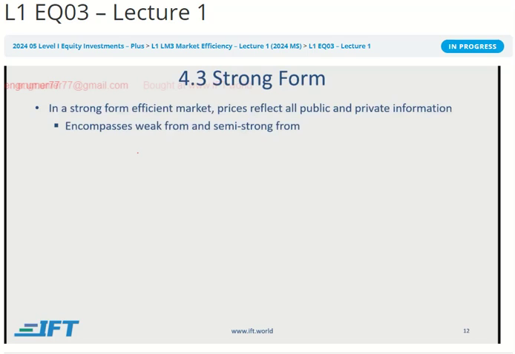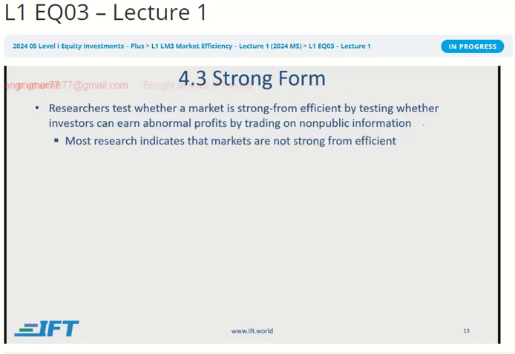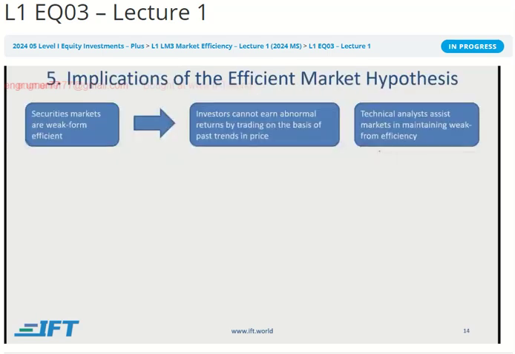Now, strong form efficient would say that even private information is included in the market prices, but that, of course, is something that doesn't exist. And therefore, we have evidence proving to us that markets are not strong form efficient, and the reason for that is because your government doesn't allow you to use insider information or private information, right?